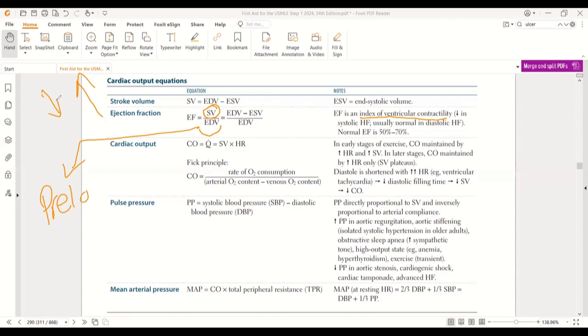The normal range of ejection fraction is 50 to 70%. So if the ejection fraction is decreased, it means systolic heart failure. If the ejection fraction is normal, it means maybe diastolic or maybe normal, right?